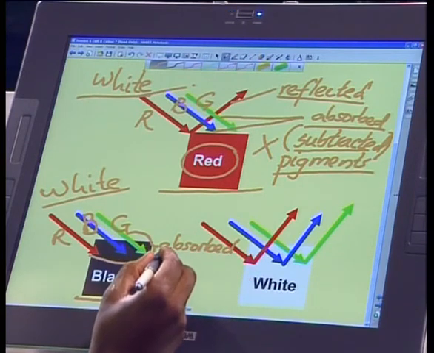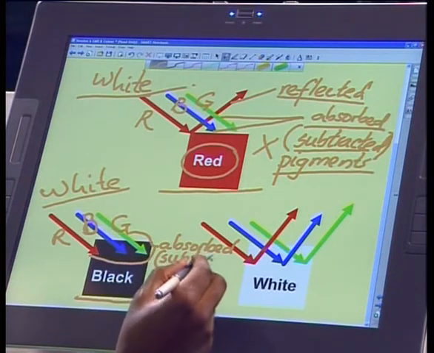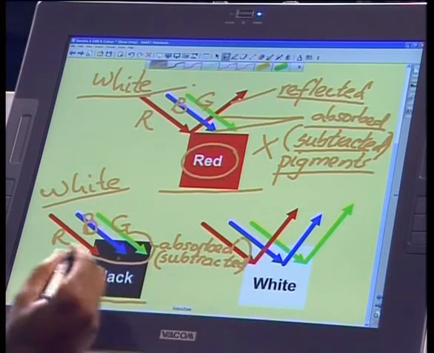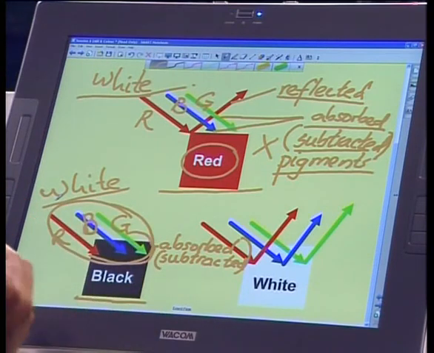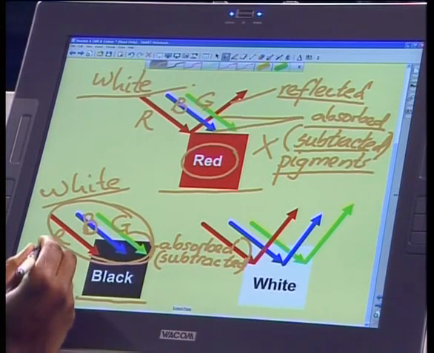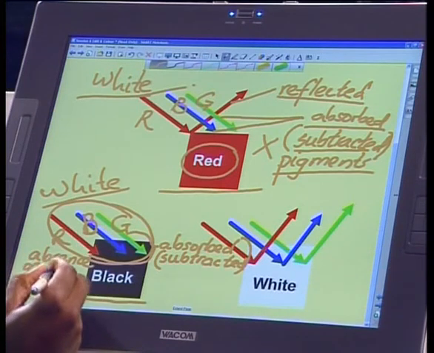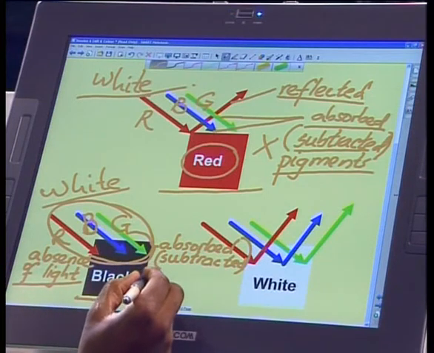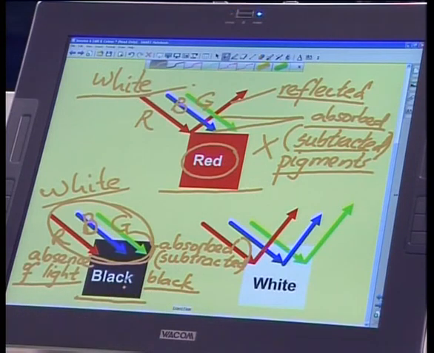Remember the word I used earlier on again? Subtracted. So that object subtracts all those primary colors. And when an object subtracts these primary colors, which form the white color, it means there is an absence of light. Absence of light. And if you have absence of light, whatever you see is black. Hence, this black object here.